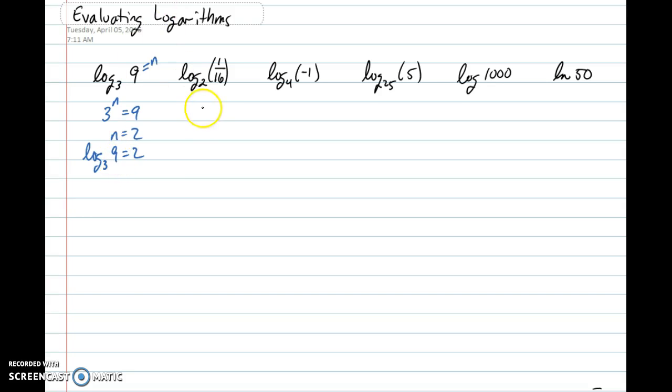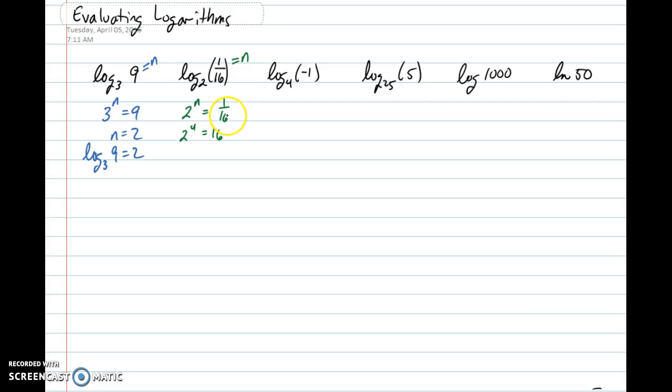I can do the same thing with the second one. Log base 2 of 1/16 means 2 to what power gives me 1/16. And again, if you're not sure, you can say that's equal to n, and I'm going to do the base 2 to the nth power equals 1/16. 2 to what power is 1/16? I know 2 to the 4th power is 16, because 2 times 2 times 2 times 2 is 16.